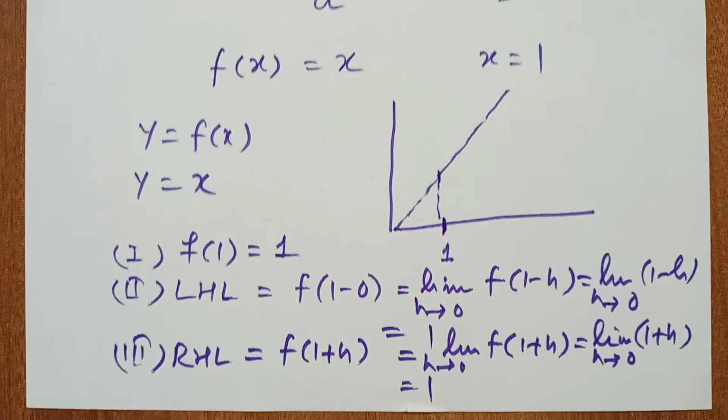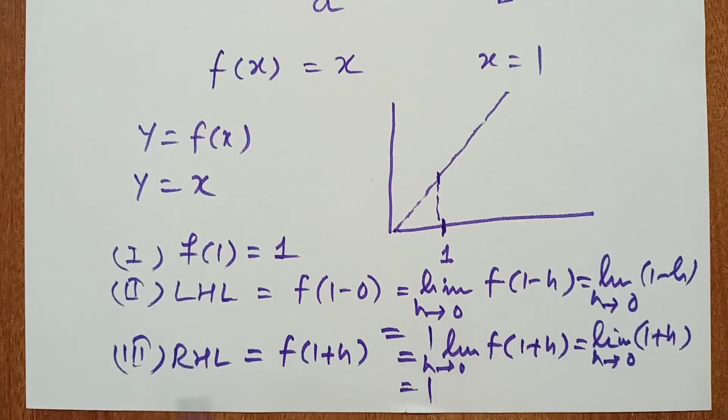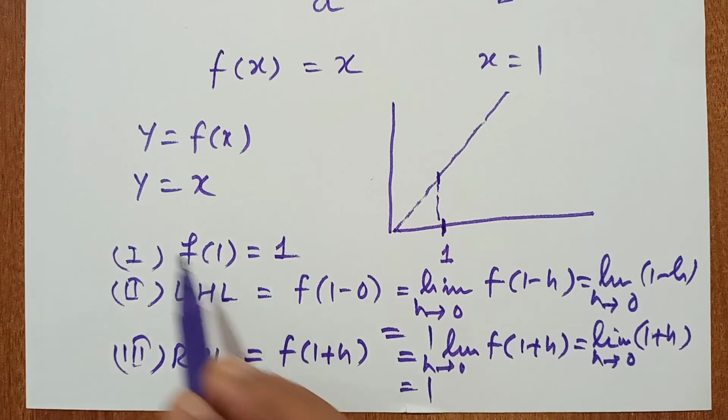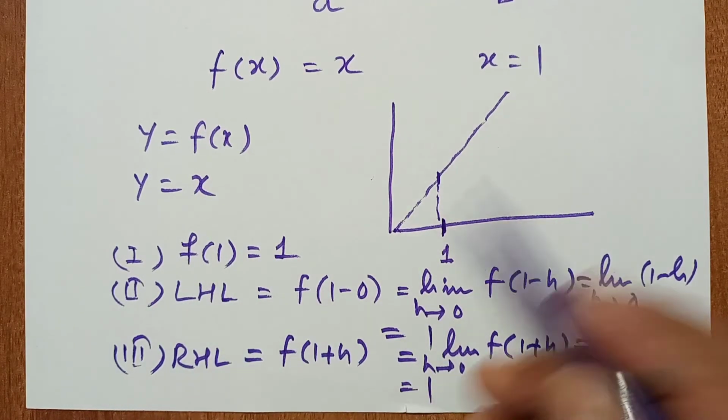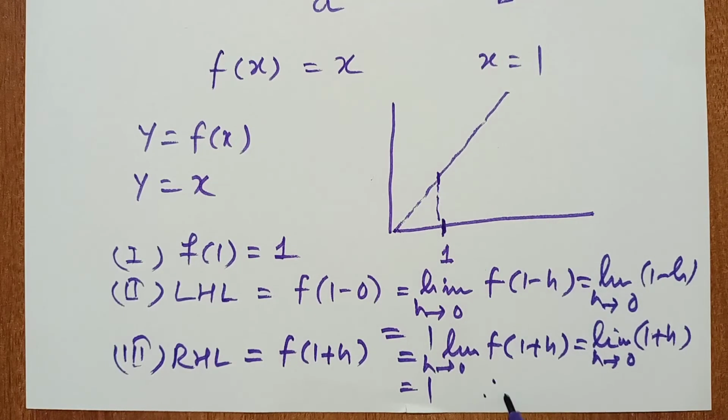So you see, the left hand limit is 1, the right hand limit is 1, and the value of the function is 1. Therefore, the given function is continuous at x is equal to a, x is equal to 1.